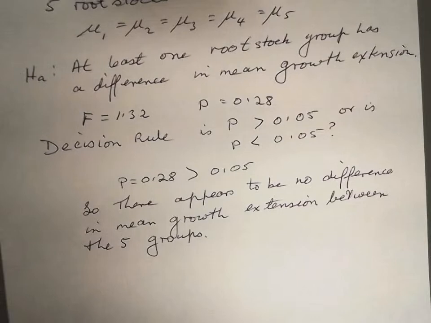So we can answer the question. It said test for a difference in mean growth extension among the 5 rootstocks. So we need to conclude in terms of that. So there appears to be no difference in mean growth extension between the 5 groups.